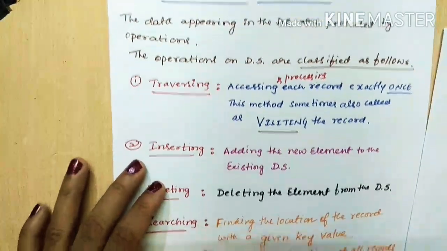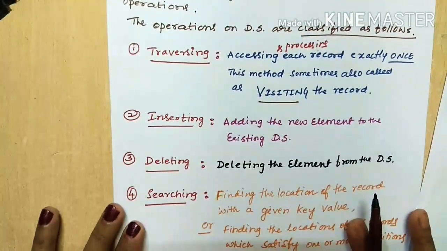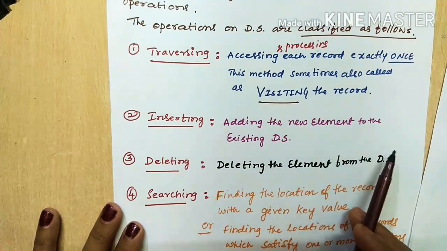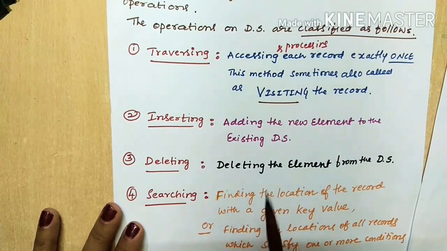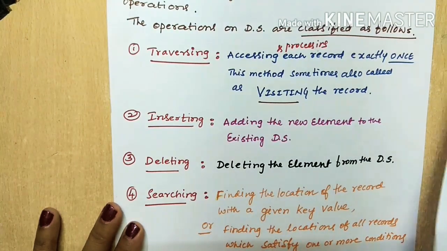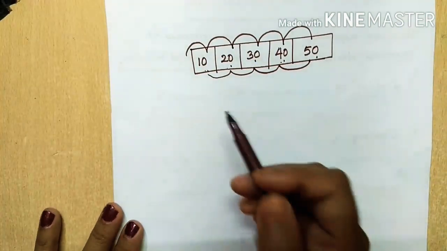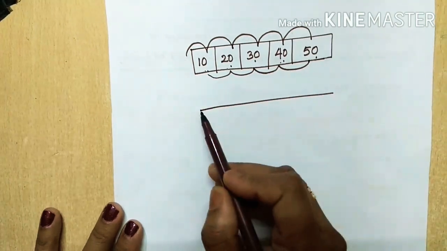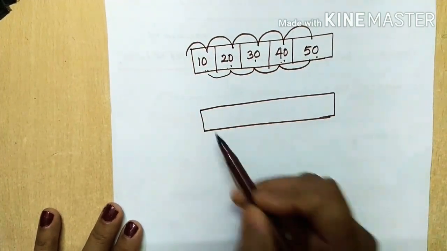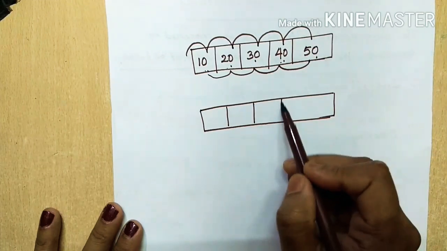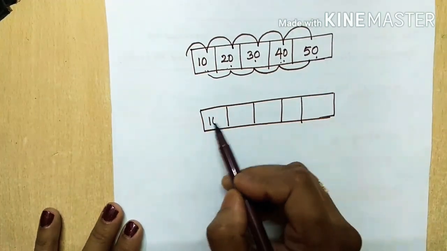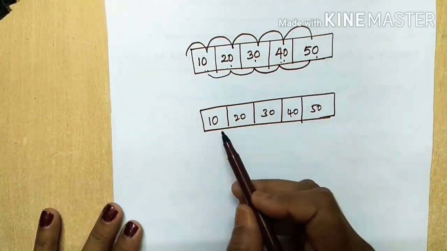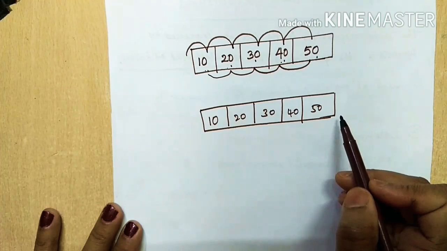Then another operation is called insertion, or inserting. It means adding a new element into the existing data structure. What does it mean? See here, we have the set of elements like 10, 20, 30, 40, 50. These data elements are stored, isn't it?